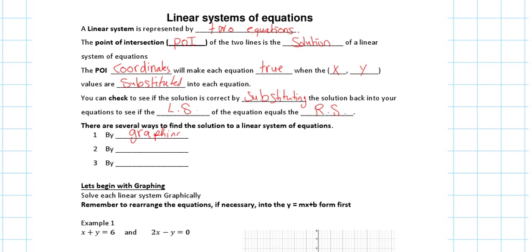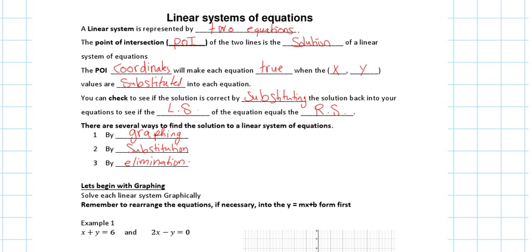There are also 2 other ways that we're going to learn: one is called elimination, and the second is called substitution. So we're going to start with graphing.